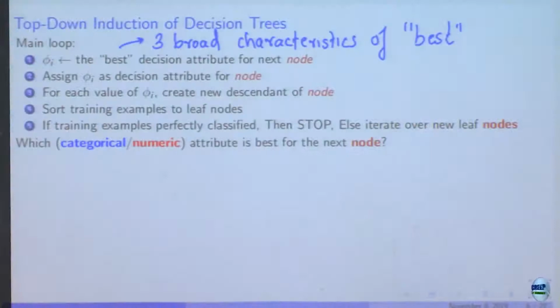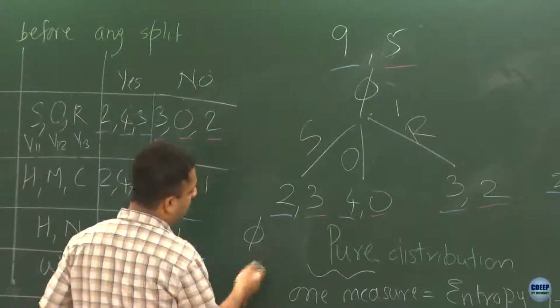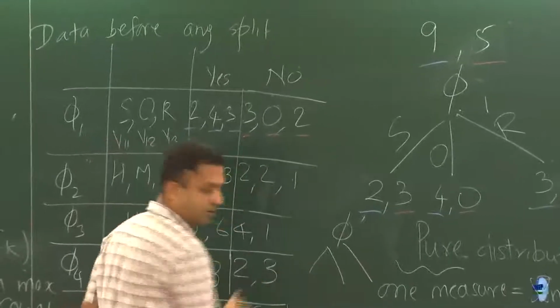Okay, now assign phi I as a decision attribute for the node, and then for each value of phi I, create a new descendant of the node. We have done this for phi 1, and the next step is that you will identify another phi prime to split on. You will do the same thing here.